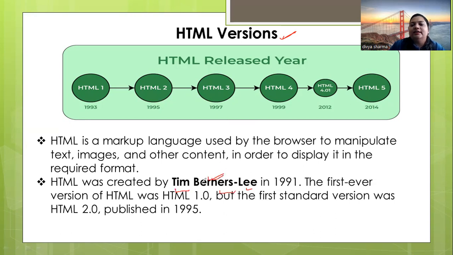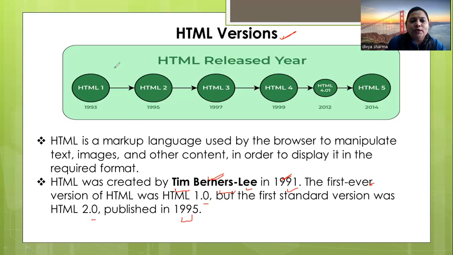He created HTML in 1991. So the first version of HTML was created in 1991, and the first version was 1.0. The first ever version of HTML was 1.0, but the first standard version was HTML 2.0, published in 1995.